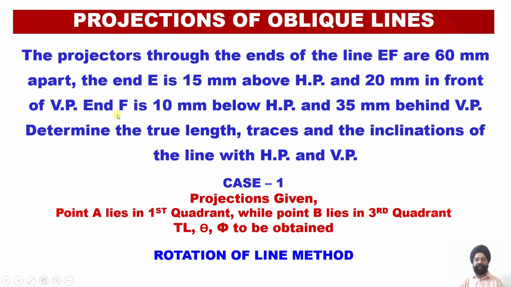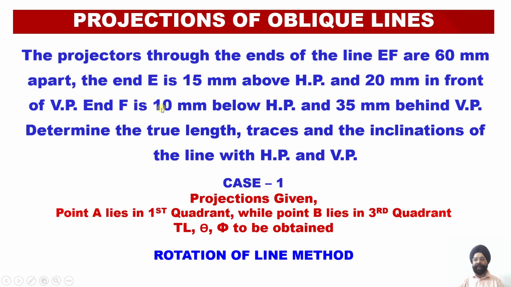Similarly, end F is 10 millimeter below the horizontal plane and 35 millimeter behind the vertical plane. So since this point F lies 10 mm below HP and 35 mm behind VP, this point lies in quadrant number 3.